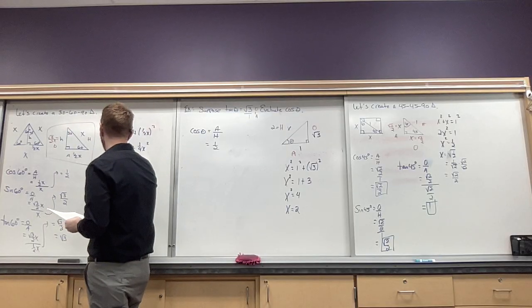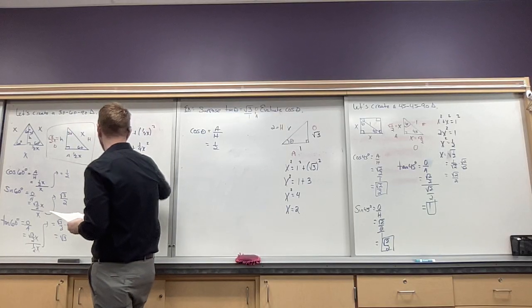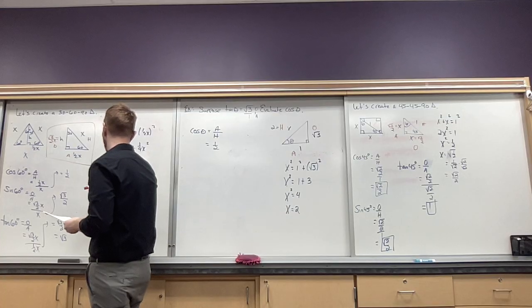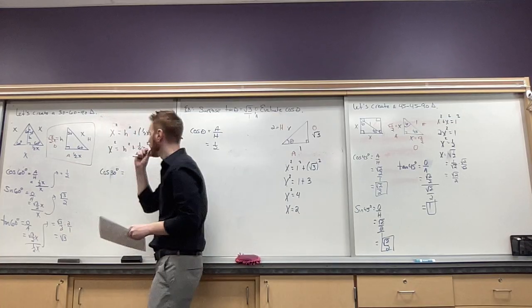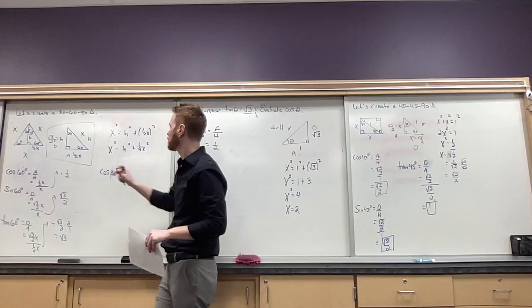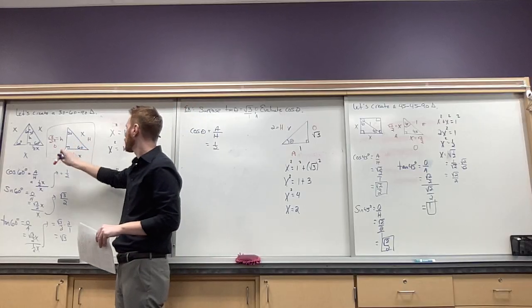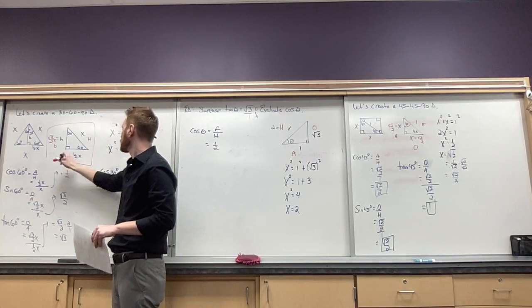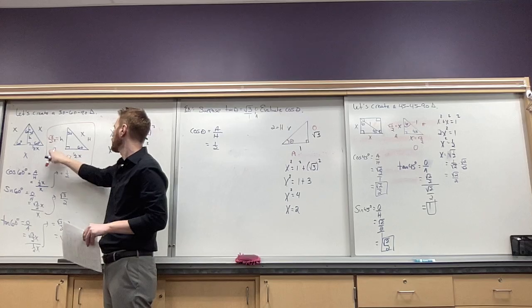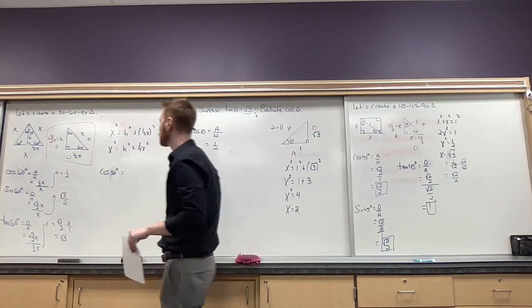So cosine of 30 degrees. Let's do that next. So that's going to flip my ratios here. So I'm looking at this spot. This is now my opposite side. This is now my adjacent side. That's my hypotenuse.